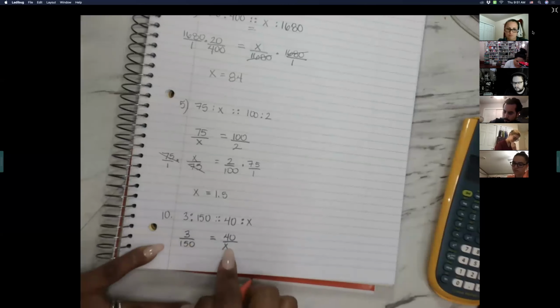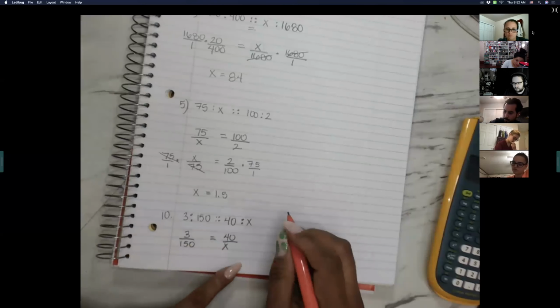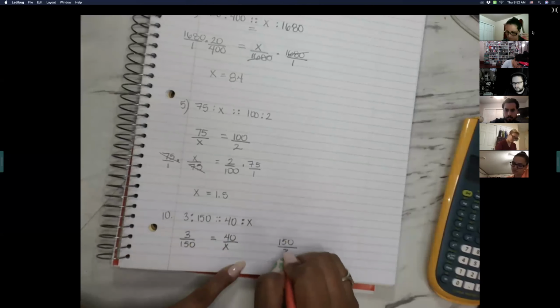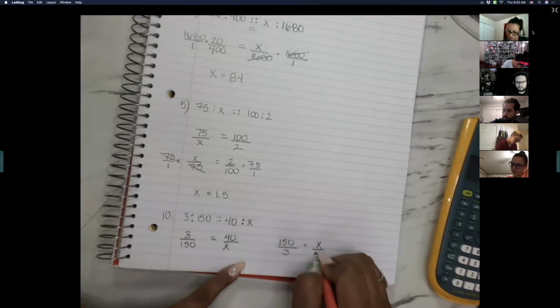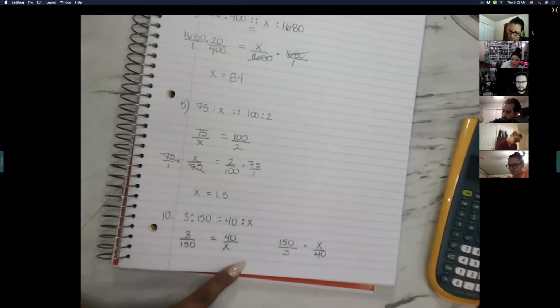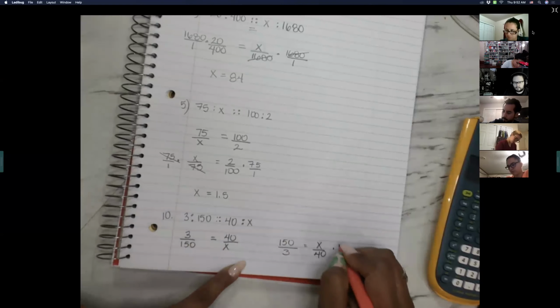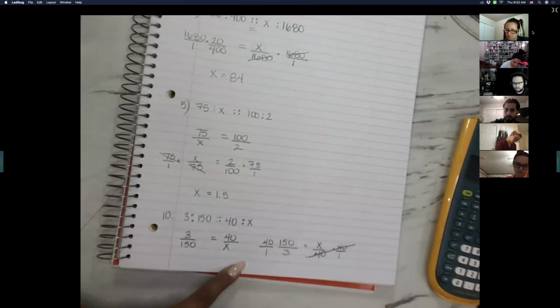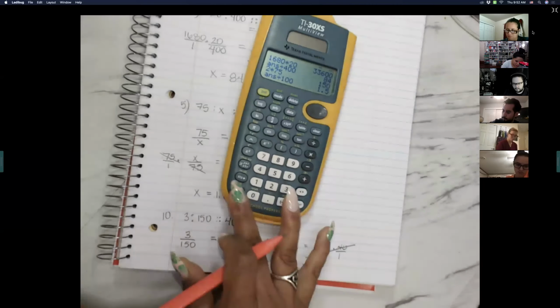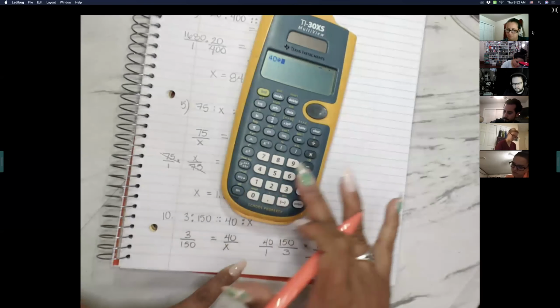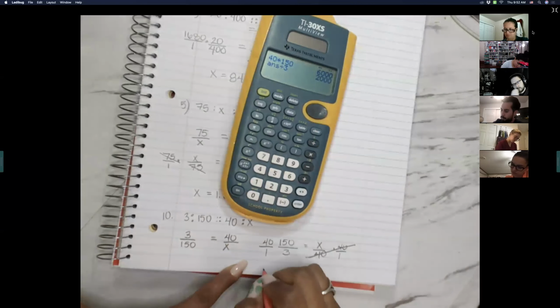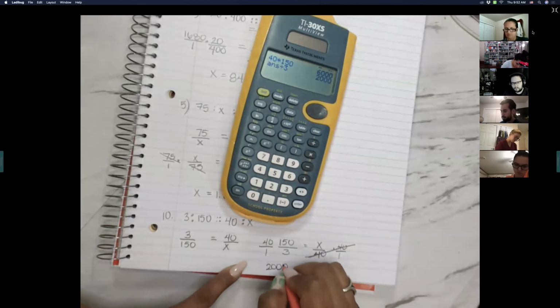Let's make our lives easy, and we take the reciprocal, which means just flip both of our fractions. I need to get the x isolated by himself. So I'm going to multiply both sides by the 40. That's gone. So now I just take my calculator and I say 40 times 150 divided by 3 is 2,000.